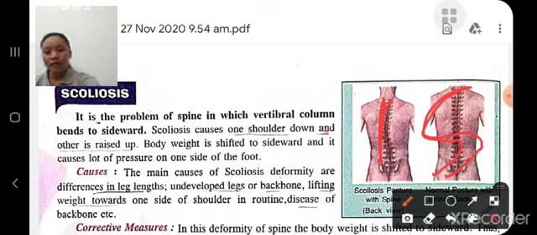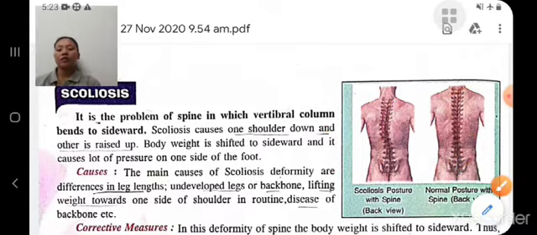In scoliosis, body weight is also shifted to one side and there is a lot of pressure on one side of the foot, because in scoliosis your spine bends sideward. Therefore one shoulder bends downward and the other upward, and your body weight is also shifted sideward, downward, and causes a lot of pressure on one side of the foot.